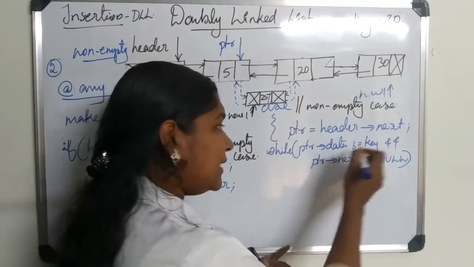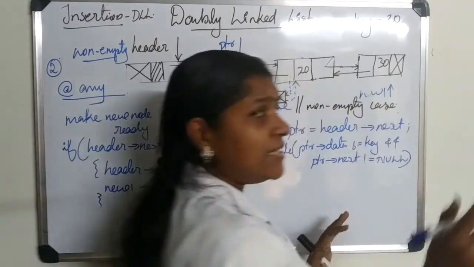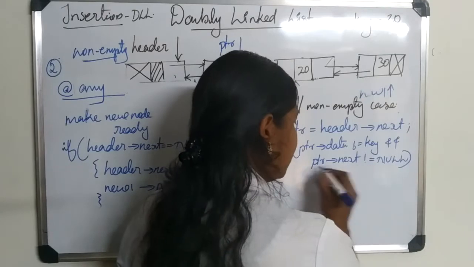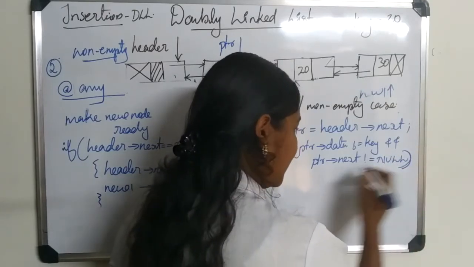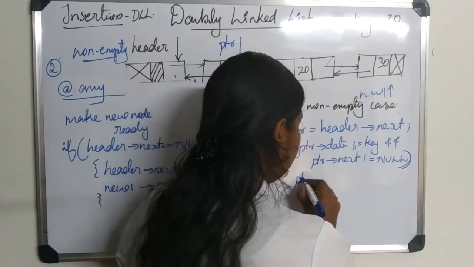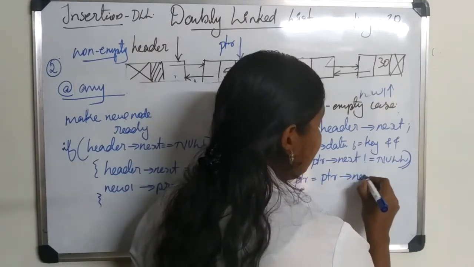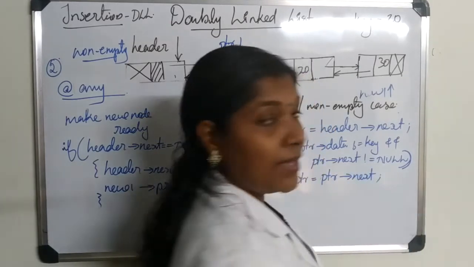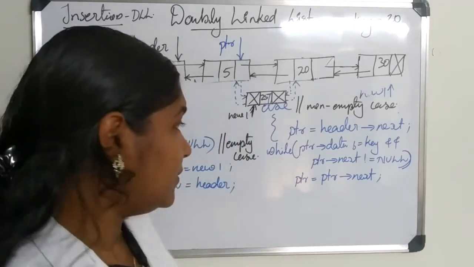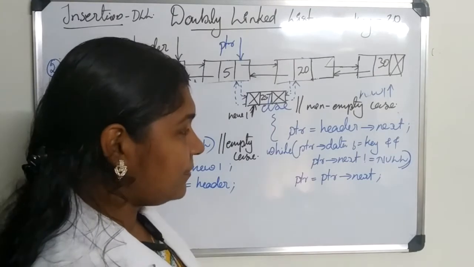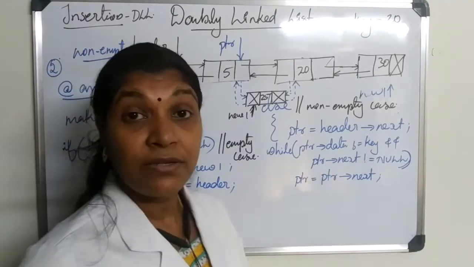Okay. So within this loop, we just need to make the ptr traverse through the linked list. So this is the loop condition. Then I am providing ptr is equal to ptr dot next. That is the only line we require within this loop. Then after the traversal, we will come out by breaking either of the two conditions.